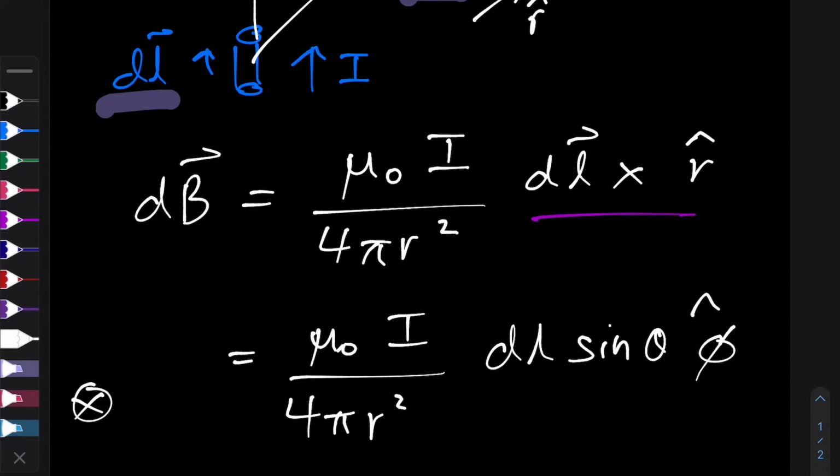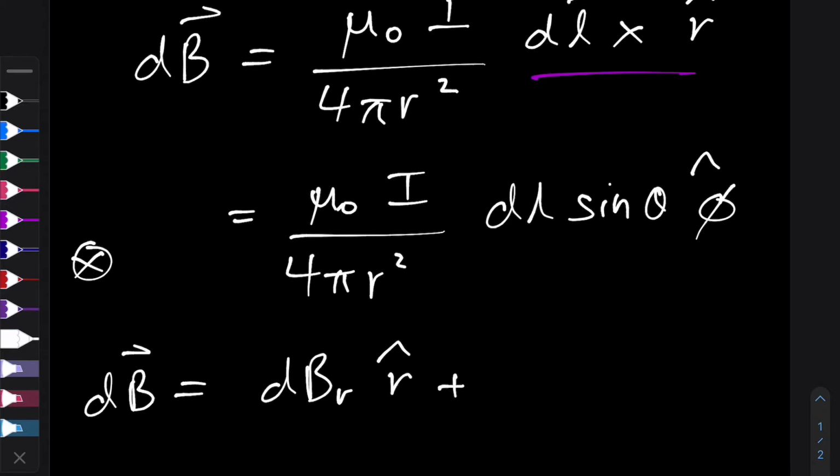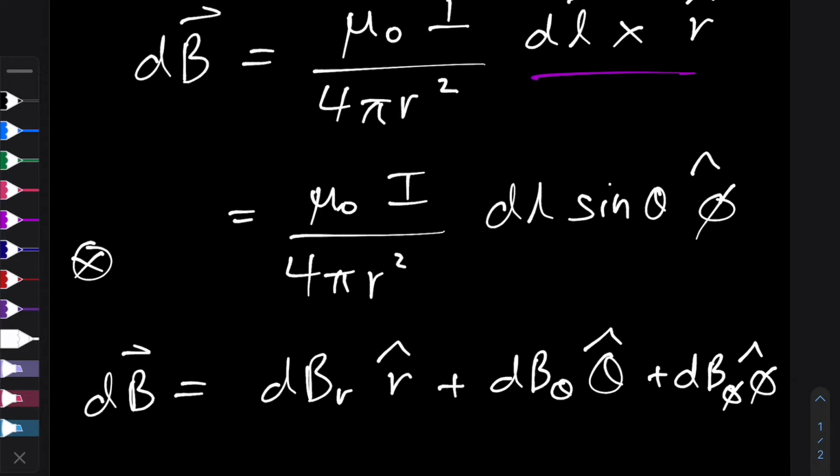So we know what dB is by this vector equation, but it's also worth noting what dB is in spherical polar coordinates. So in spherical polar coordinates, we can write dB as dB_r r hat plus dB_theta theta hat plus dB_phi phi hat, where this is the r component of dB, the theta component of dB, and the phi component of dB, using these unit vectors.